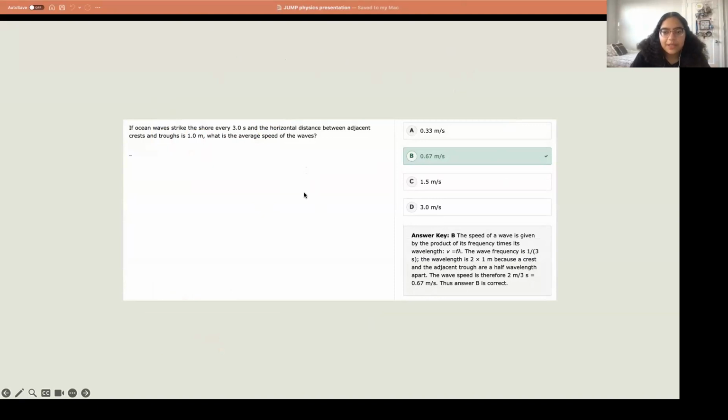So the wavelength is twice that, because you want a crest to crest or a trough to trough, and now it's just saying a crest to a trough, if that makes sense. So the 1/3 frequency times the 2 meter wavelength will get you to the velocity of 2/3.